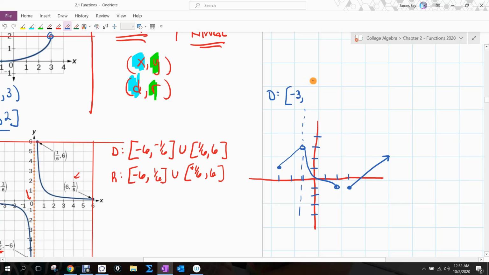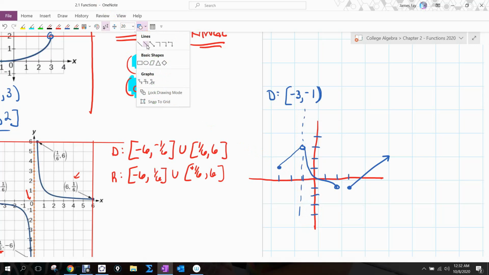How do I express all those other ones? I use negative 1 in my interval, but I put a parenthesis around it to tell everybody, from the left-hand side, you're not getting the negative 1. You can get to negative 1.00000001, but you can't use negative 1. Let's go back to this.